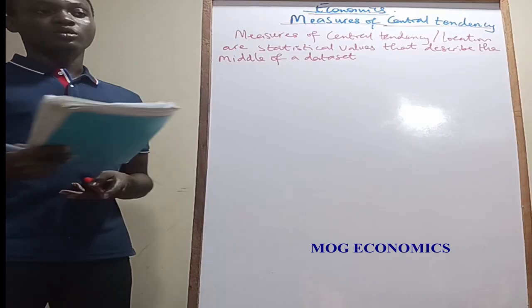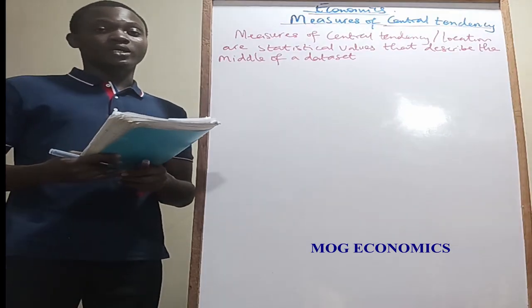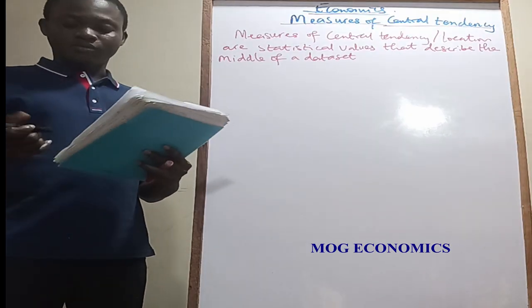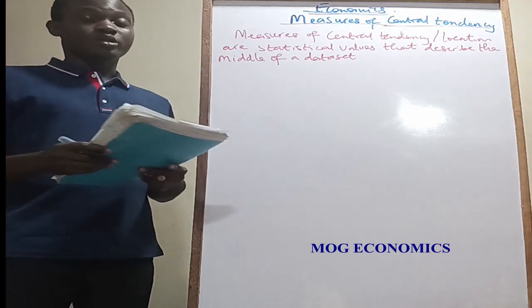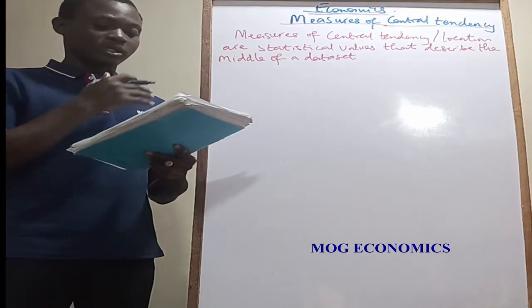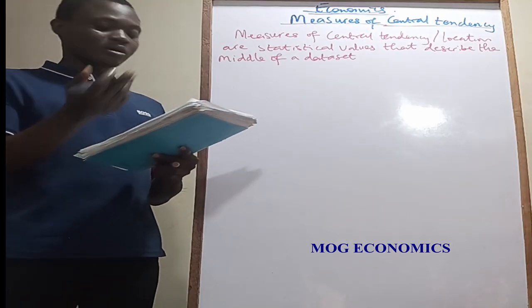Now, let's talk about the mean. So what is the mean? The mean is just the average value of a given data set. Usually, when you're solving for the mean, you just add up values divided by the number of frequencies.